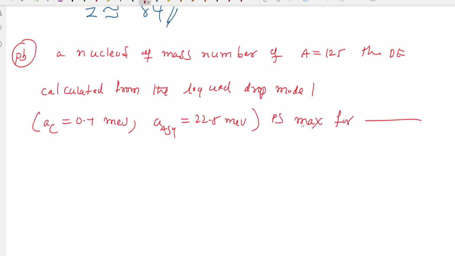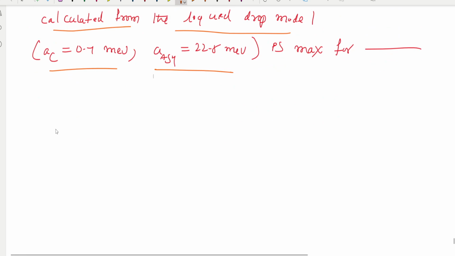So after looking at this question, you can't get any idea about the stable isobar nucleus. You clearly observe this question, what they are asking. So here they calculated binding energy from the liquid drop model formula. So this is the important term. Therefore we can use this stable isobar formula for calculating the maximum value.